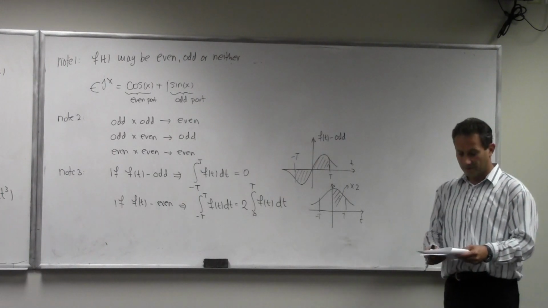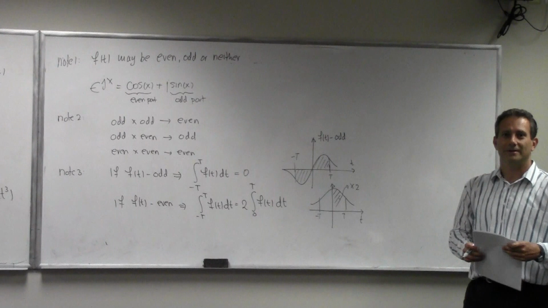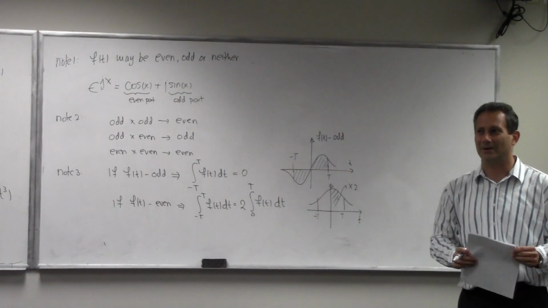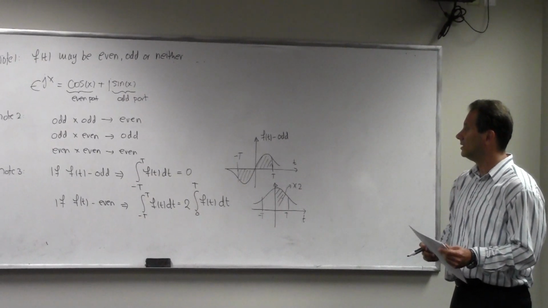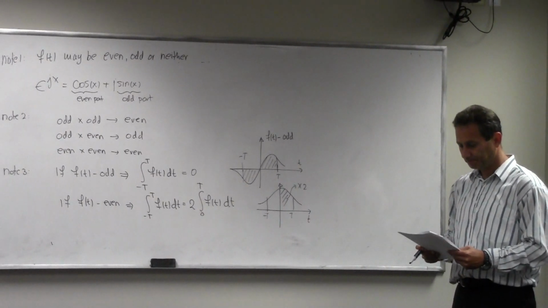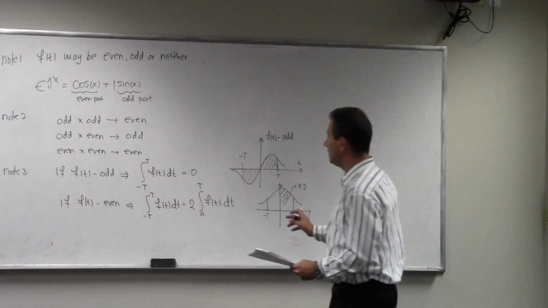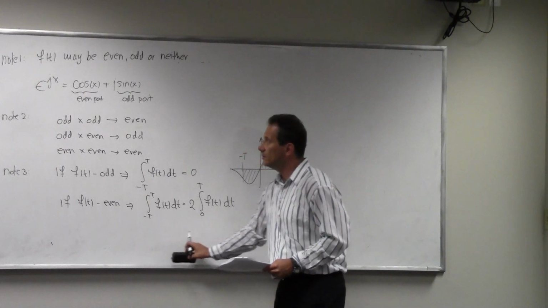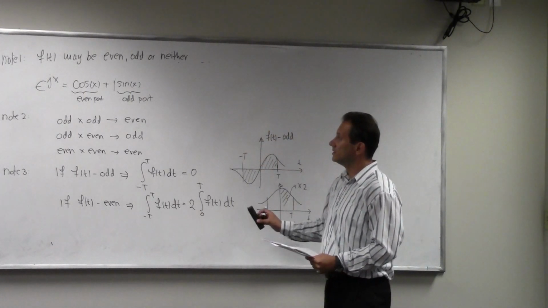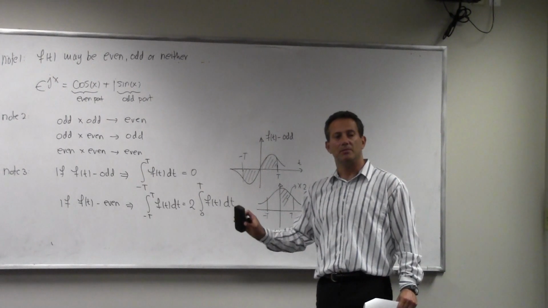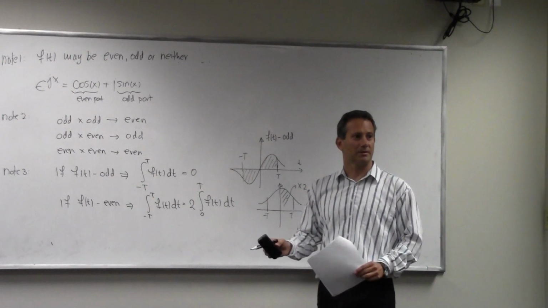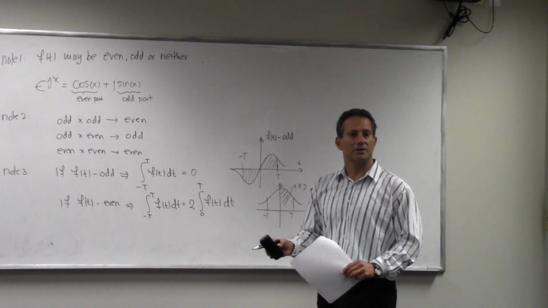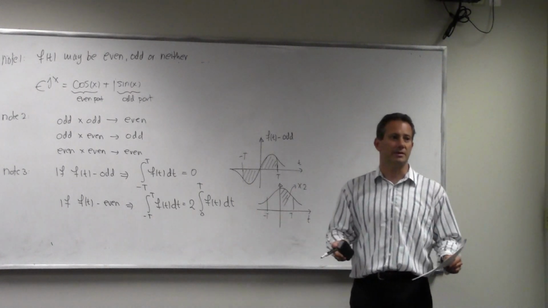These are all self-explanatory and easy things. The problem we have is there are a lot of them, right? And they all kind of appear all the time. So reviewing them is always beneficial, right? Now, maybe the novel thing that you're not familiar with is that every function can be decomposed into an even part and odd part, right? So let's say the function has even symmetry, then it's trivial.